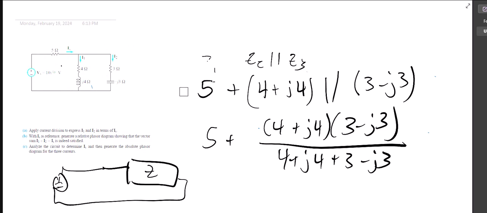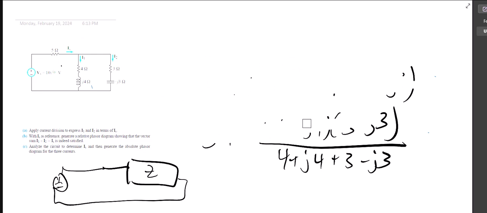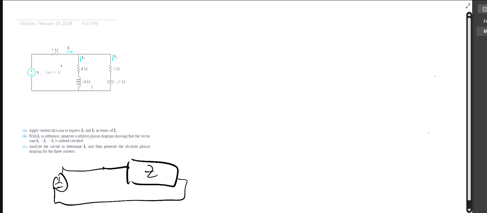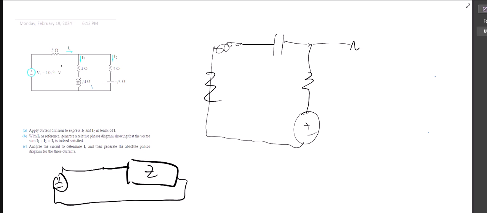So to apply current division, let's say I have a power source and I have a current, something like that.